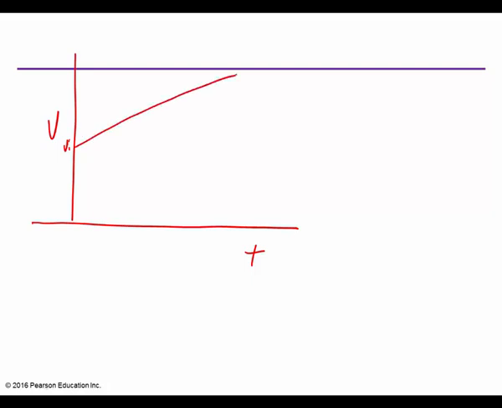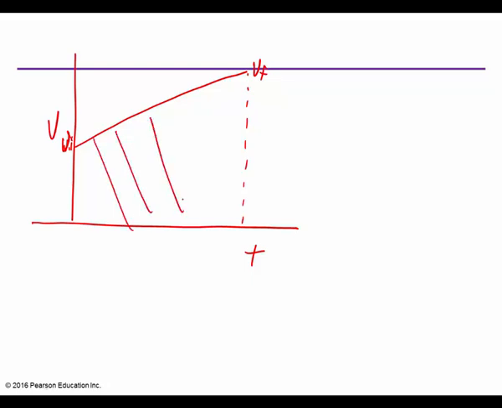Then we have another equation where we can take our graph and look at it a little bit differently. We take our graph, velocity versus time, and we have an initial velocity here and a final velocity there. Okay, y'all, what is this area?